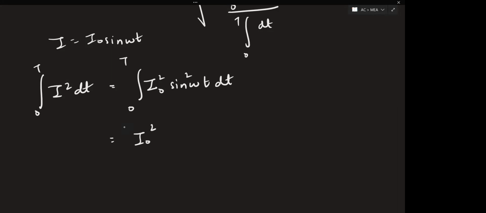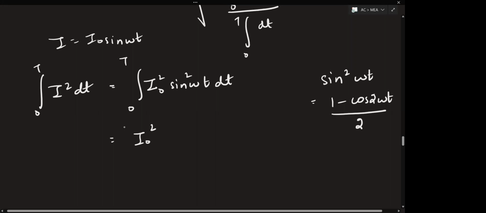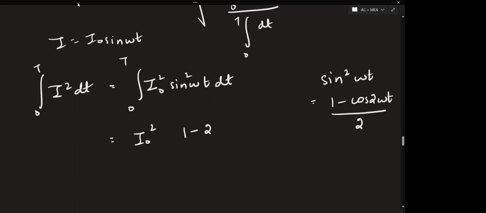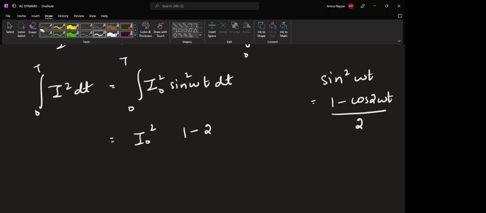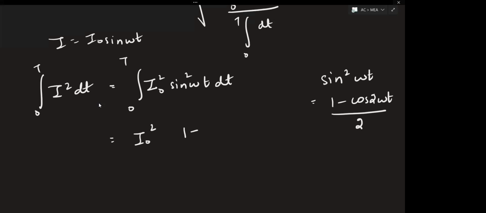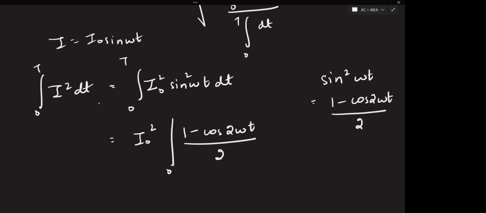Now sine square omega t, remember class, when you are integrating it, this becomes 1 minus cos 2 omega t divided by 2, integrating from 0 to T dt.